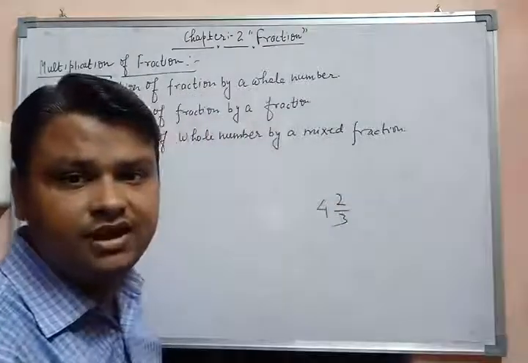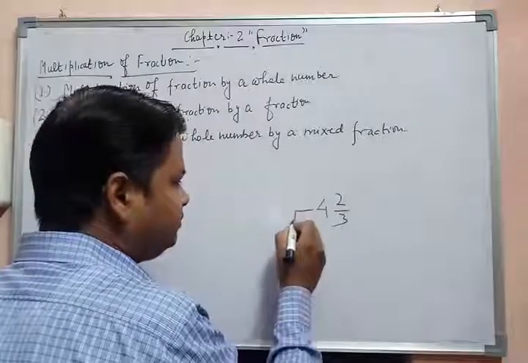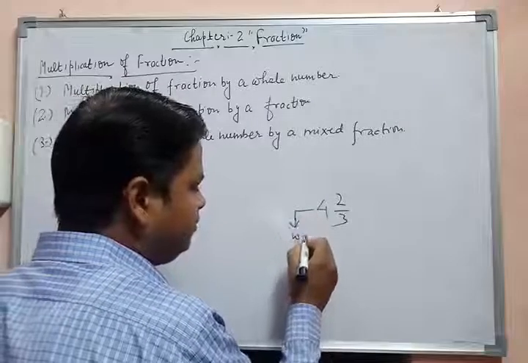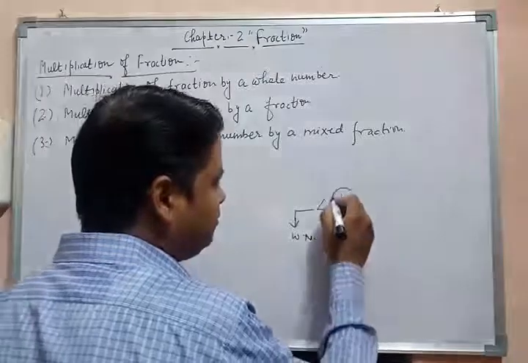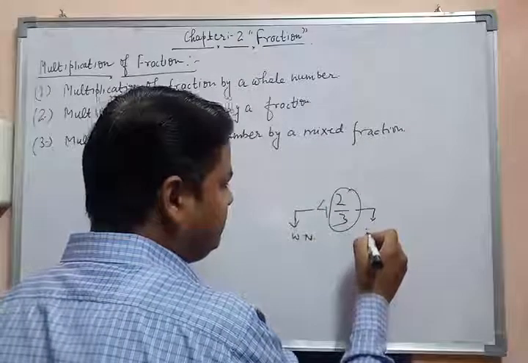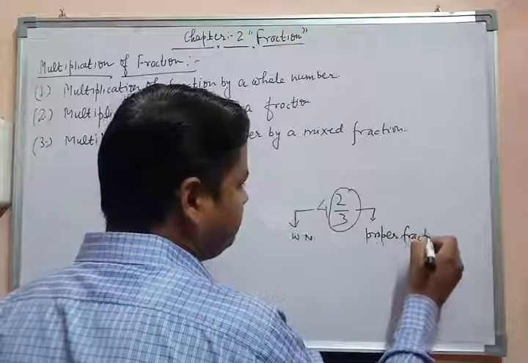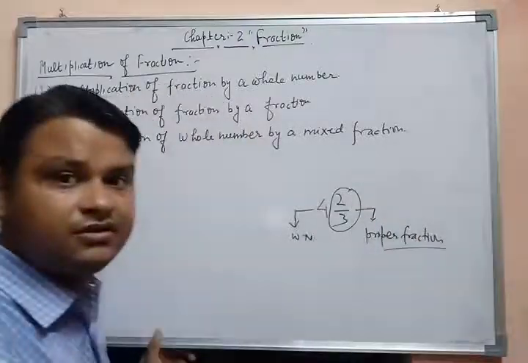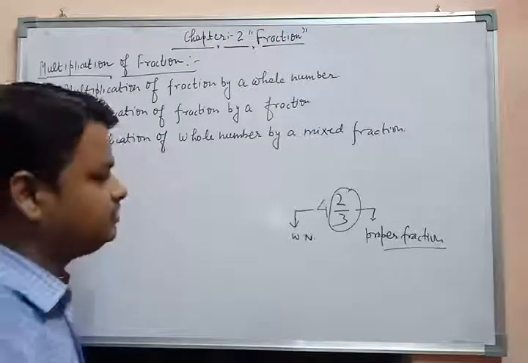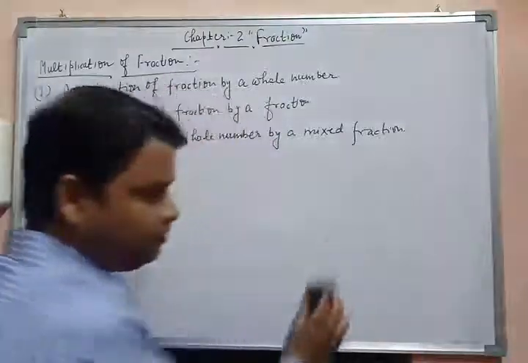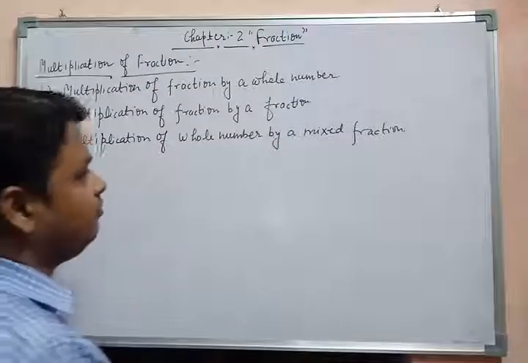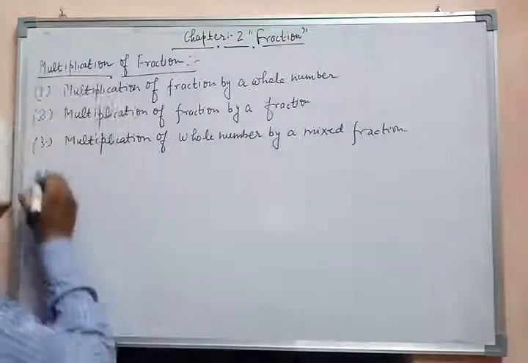This is a mixed fraction because 4 is the whole number and 2 by 3 is the proper fraction. Okay students? So a mixed fraction is the combination of a whole number and a proper fraction.